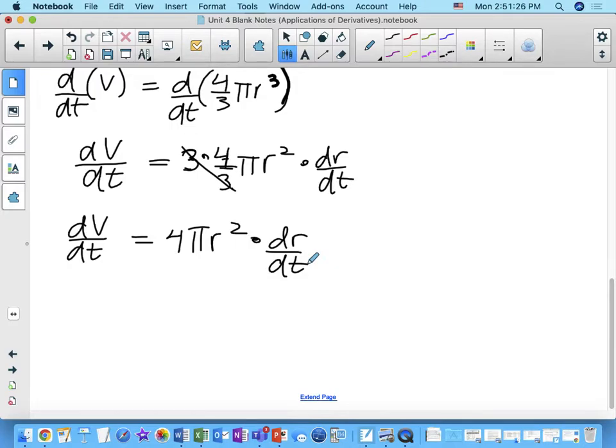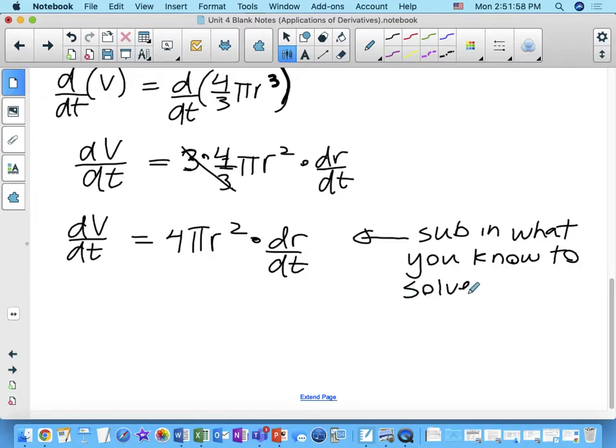Now at this stage, we know everything except for one unknown. We know dV by dt, that's 100. What we're looking for is dr by dt when r is 25. So right now, what we can do is sub in what we know to solve for dr by dt.